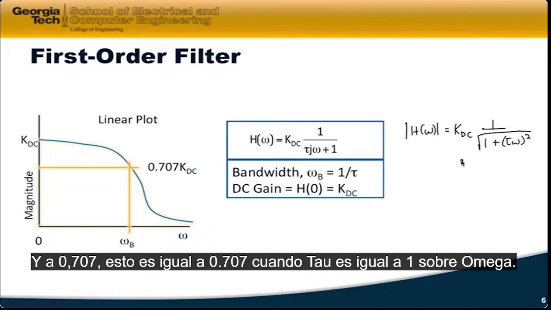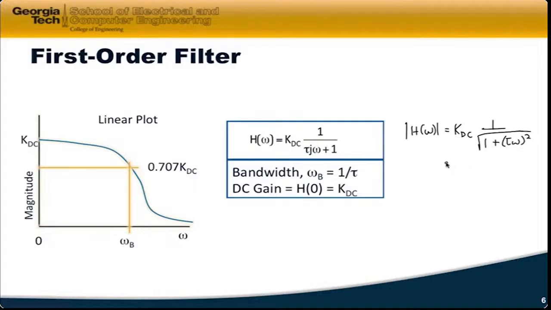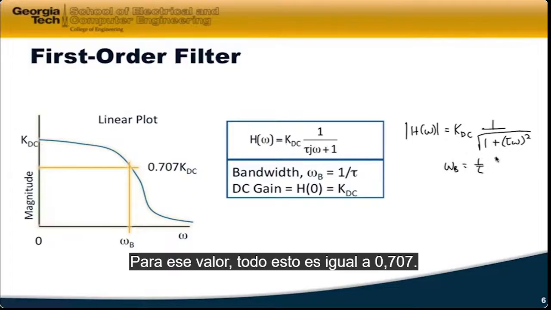And at 0.707, this is equal to 0.707 when tau is equal to 1 over omega. So that's the bandwidth. So for that value, this whole thing is equal to 0.707.